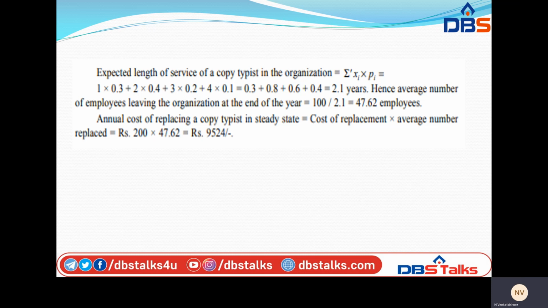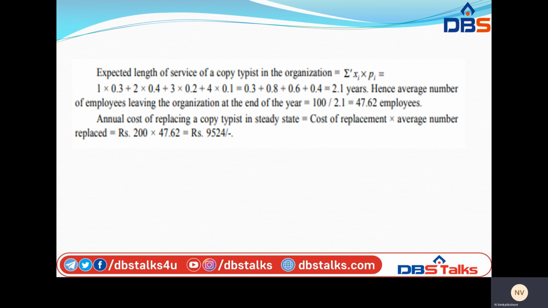So the cost of replacement is the average number replaced, 47.62, into 200, which equals 9524. So the total expenditure is 9524.